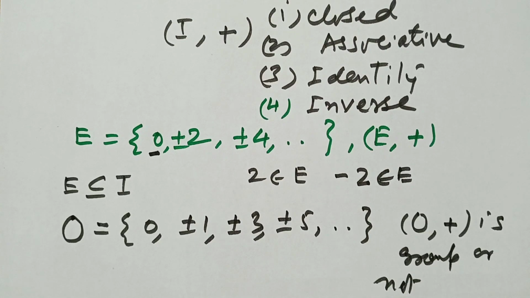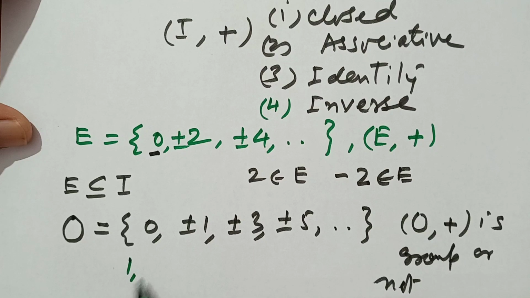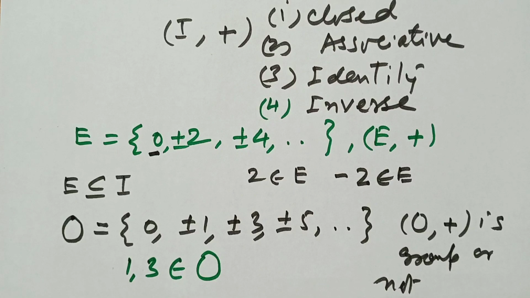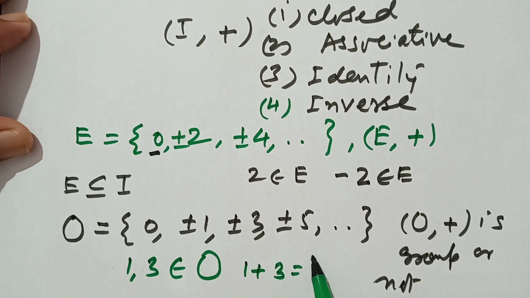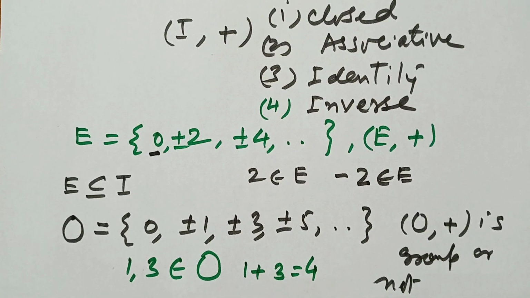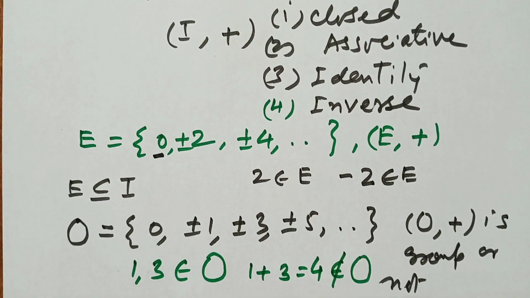You take any two elements of this set. Suppose 1 belongs to O, the set of odd integers, and 3 belongs to the set of odd integers. Here addition is the operation. So 1 plus 3 is equal to 4. 4 does not belong to the set of odd integers. Therefore the closure property is not satisfied, which means this is not a group.